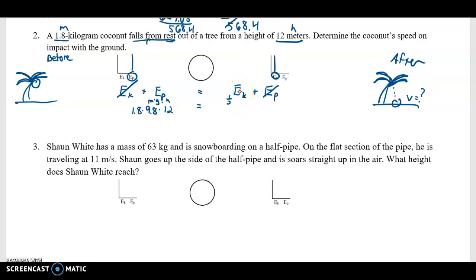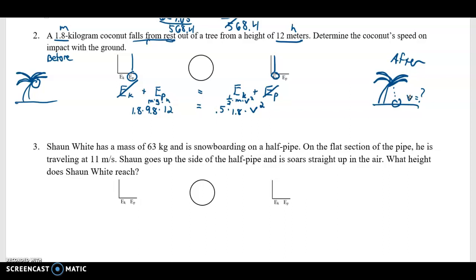Remember, that's the 1/2 times the mv squared. Don't forget the squared. So I could put in 0.5 if I wanted to for the 1/2 times the mass, 1.8, times v squared. And v squared is not 0 here because we're looking at after, and as it's impacting the ground, it's the thing that we don't know and the thing that we're looking for. So we put in v in its place, but don't forget the square. The square has to fit in it.